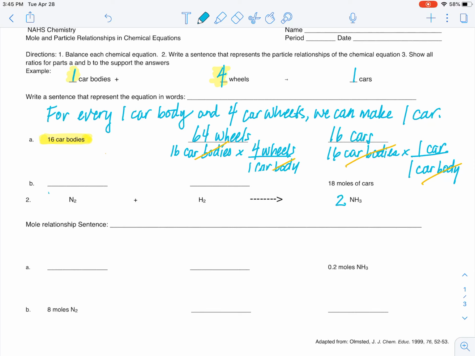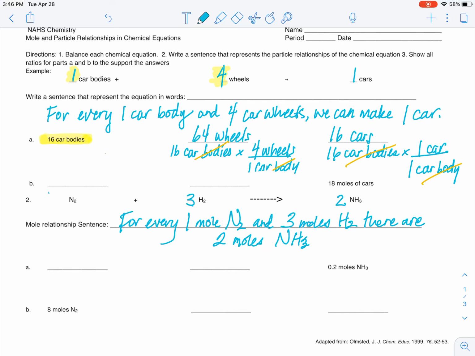So for every 2 moles of nitrogen trihydride, we've got 1 molecule of nitrogen plus 3 molecules of hydrogen, and that's a balanced chemical equation, right? So our relationship would be for every 1 mole of nitrogen and 3 moles of hydrogen, there are 2 moles of NH3, which is ammonia, produced.